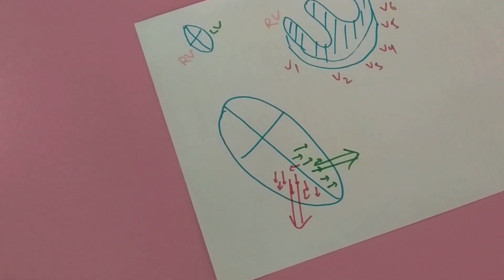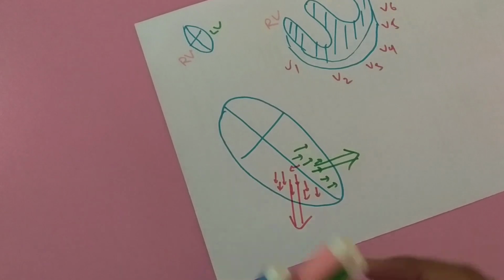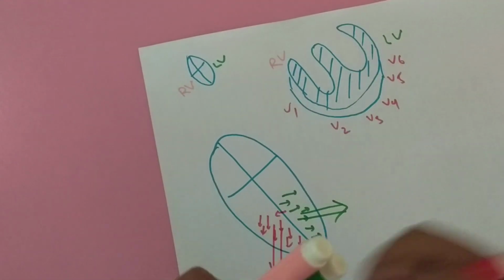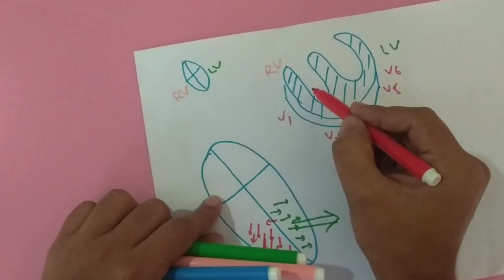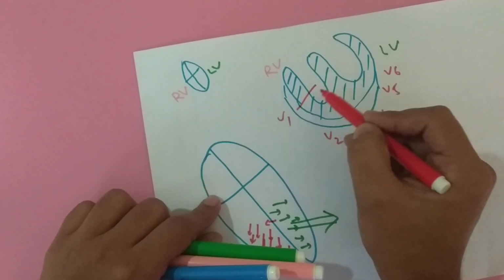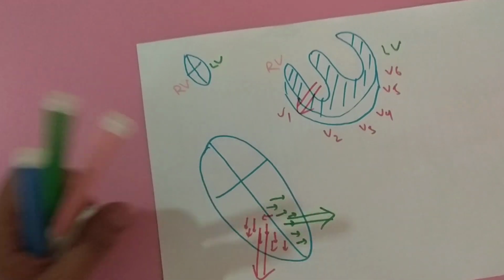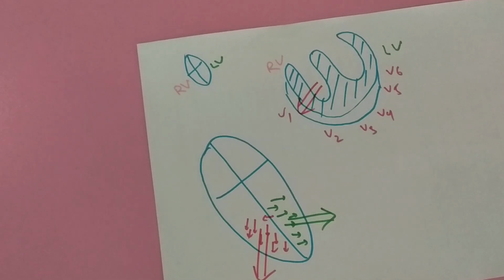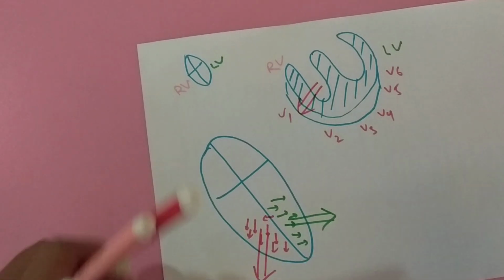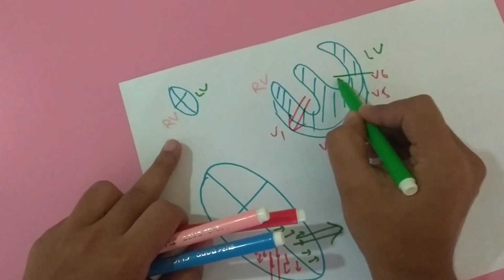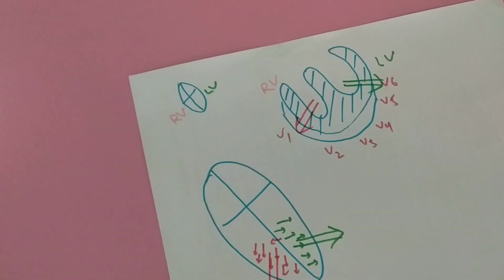Similarly in the chest leads, the right ventricle will have a depolarization vector like this, and the left ventricle will mainly have a depolarization vector like this.